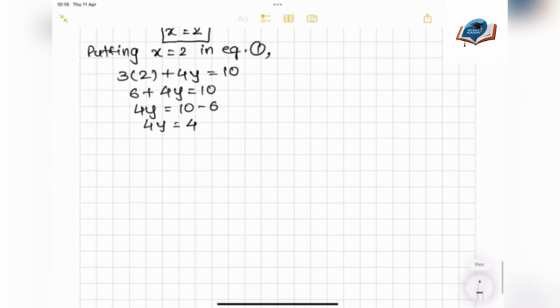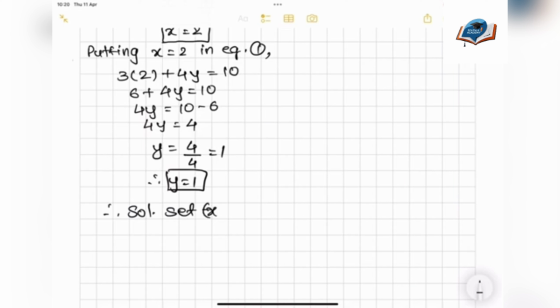So y equal to 1. Y equal to 4 by 4, so that will be equal to 1. So therefore the solution is x comma y equal to 2 comma 1.